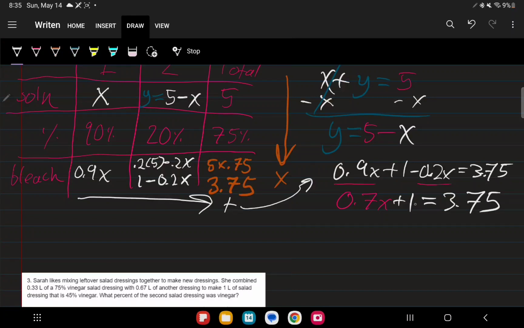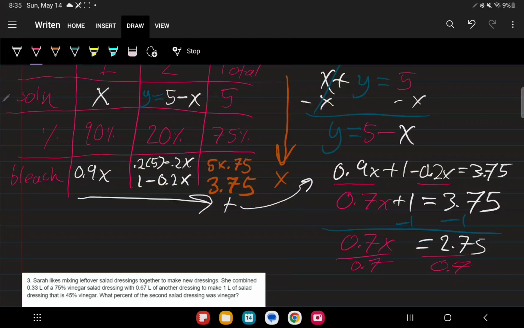Let's finish simplifying. Subtract 1 from both sides. 3.75 minus 1 is 2.75. That's equal to 0.7x. Divide by 0.7 on both sides. So 2.75 divided by 0.7.